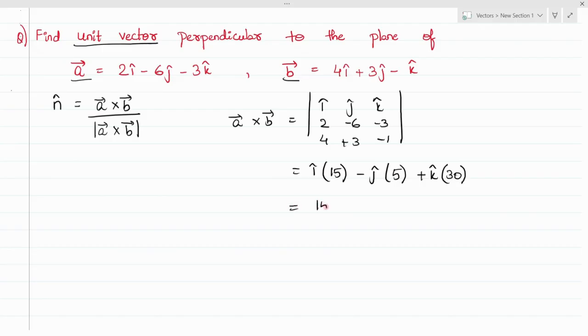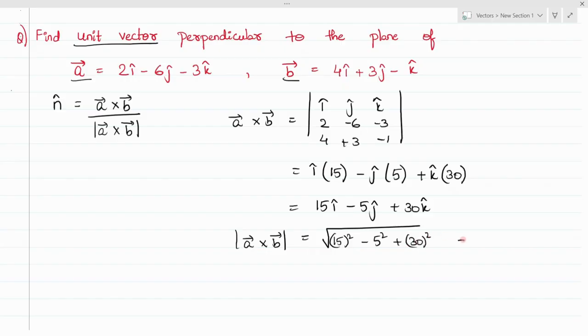So finally we can write it as 15 I cap minus 5 J cap plus 30 K cap. So we got the vector. How to find its magnitude? To find its magnitude, just take the squares, that is 15 squared plus 5 squared plus 30 squared. We'll get 35 as the answer. You can just add and check it.